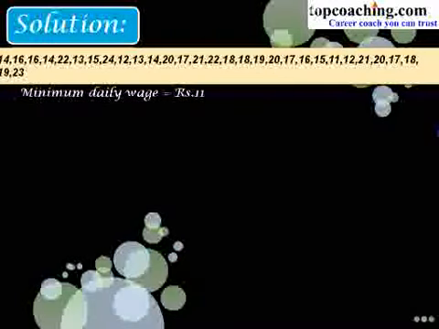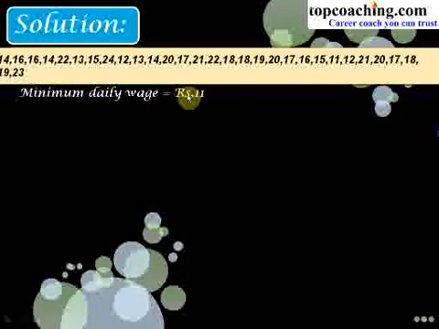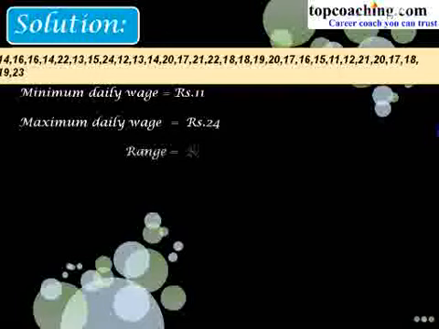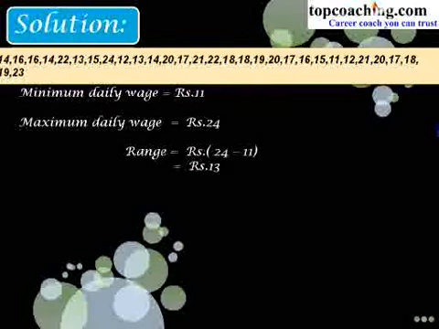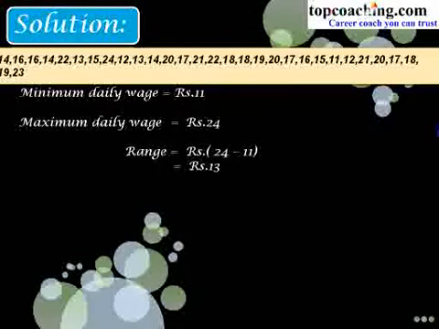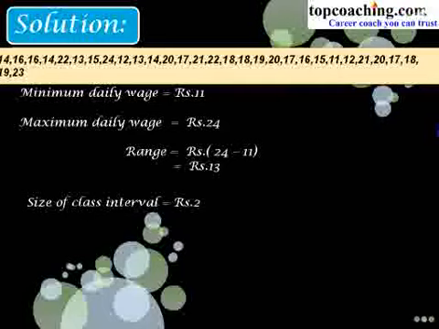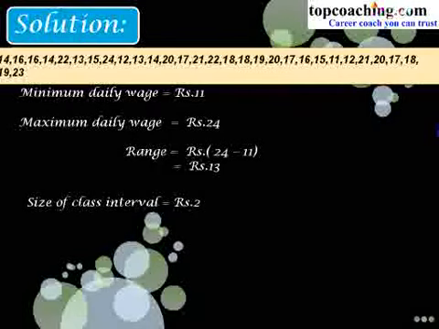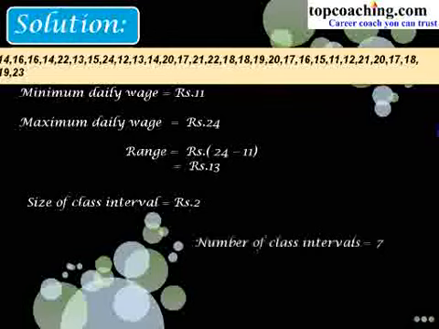Now here the minimum daily wage from the series is 11 rupees and the maximum daily wage is 24. The range would be maximum minus minimum, that is 13. The question says the size of the class interval must be 2 rupees, and the number of class intervals would be 7.